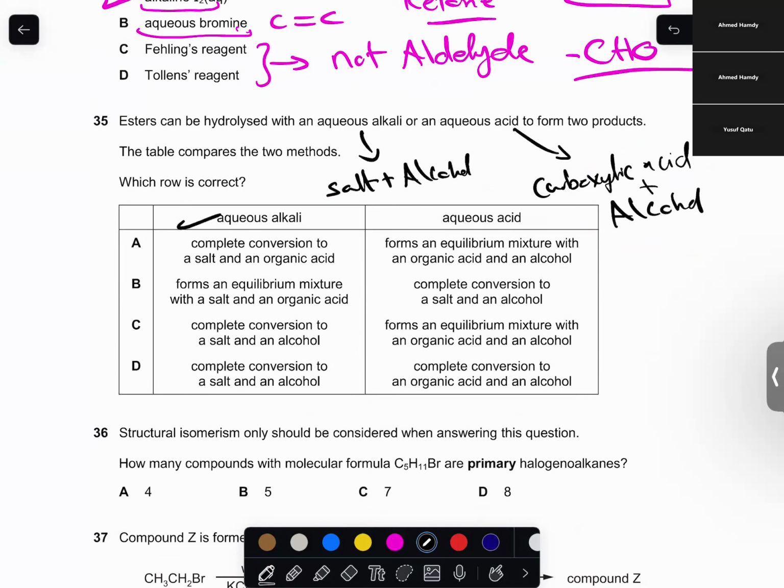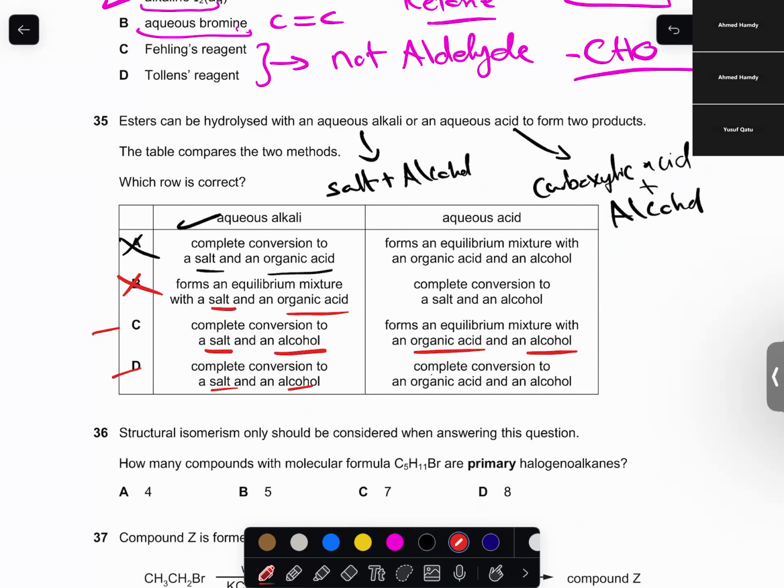So with aqueous alkali, complete conversion to salt and organic acid, wrong. Forms an equilibrium mixture of salt and organic acid, wrong. Complete conversion to salt and alcohol, okay. Forms an equilibrium mixture of organic acid and alcohol.